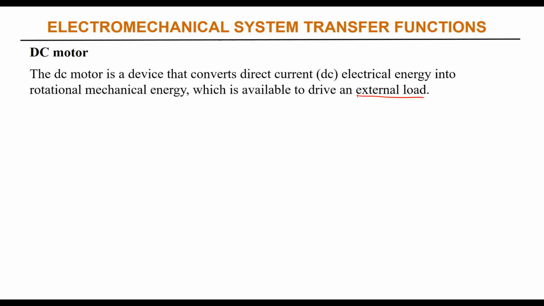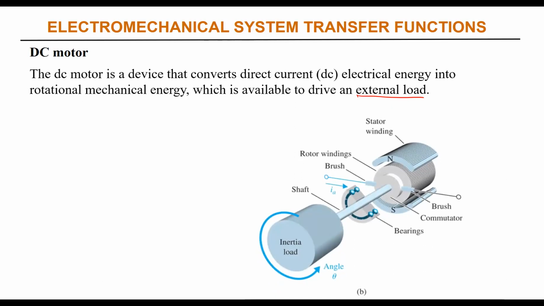Now, how does it operate? Suppose this is the structure of a motor. In principle, how can I convert direct current into mechanical energy? By magnetic induction.